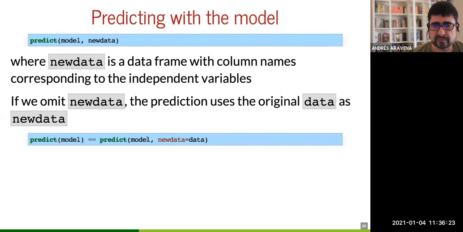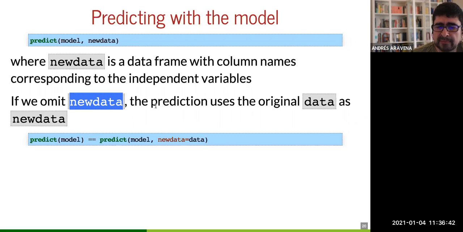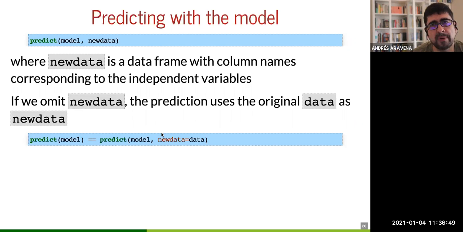And in this case, we did this last class also, but I'm just reminding you, we have a command called predict. You have model and new data. Now, there is a little trick that I want to comment on here. New data, we say, is a data frame, but if we don't write anything and you just say predict model, this is a kind of convenient thing, we get the prediction with the new data equal to the old data.